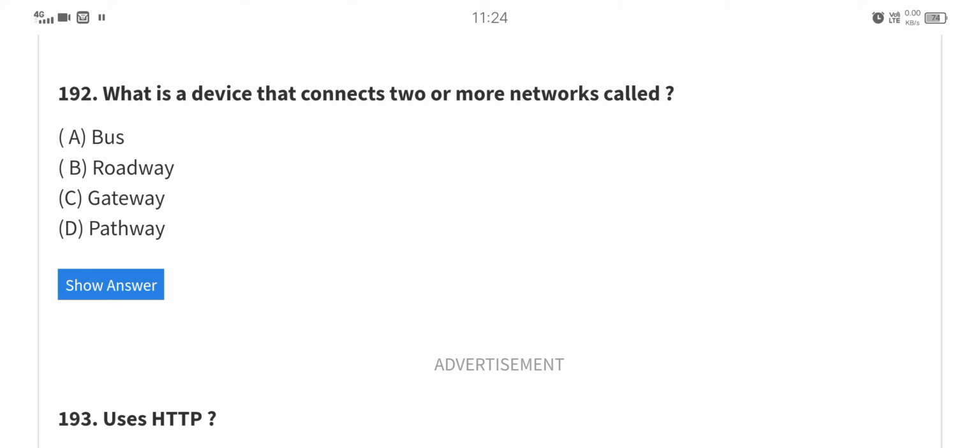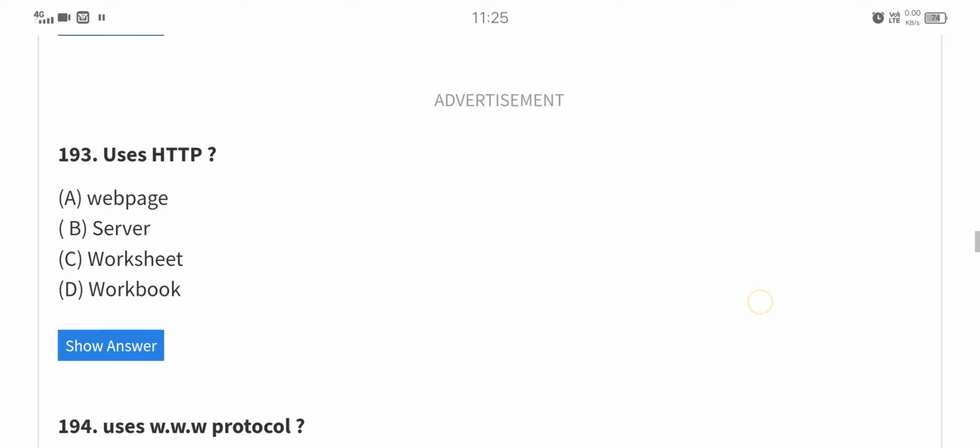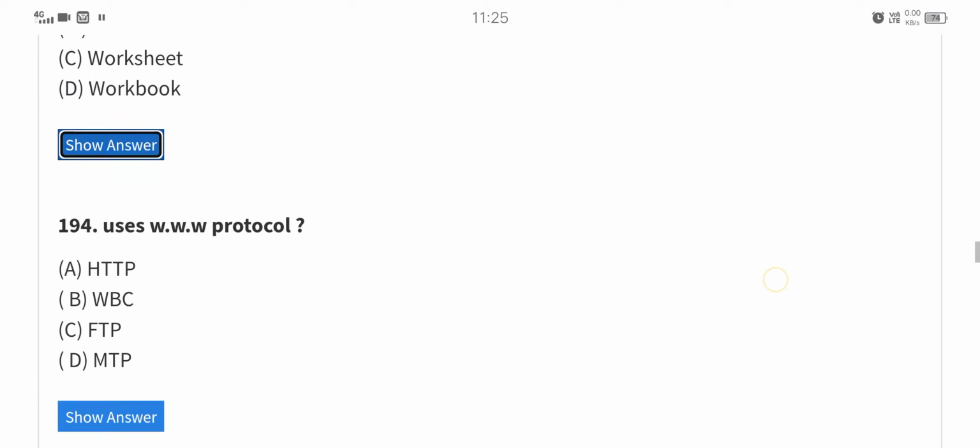What is a device that connects two or more networks called? Gateway. A web page uses HTTP. HTTP uses the www protocol.